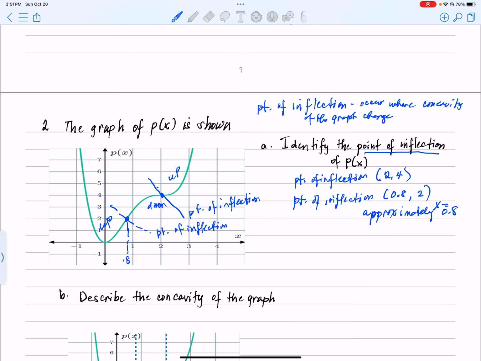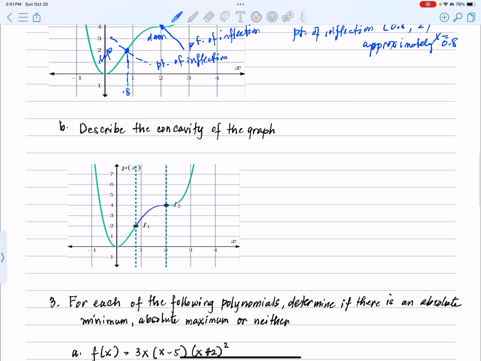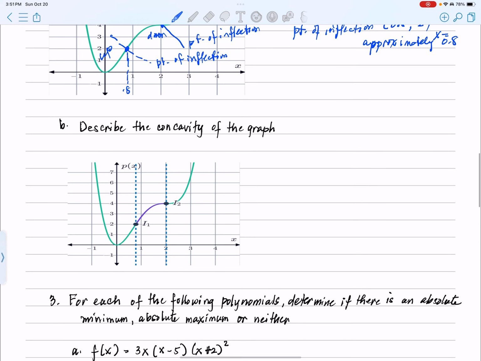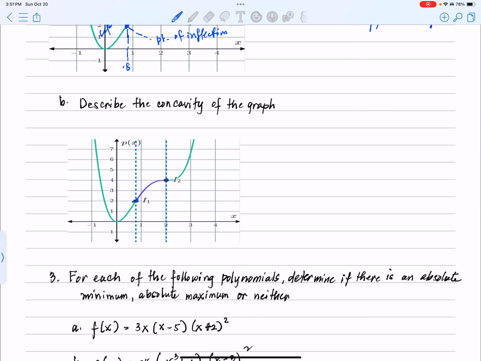So describe the concavity of the graph. Let's say, for example, somewhere here we have the point of inflection. So inflection 1, inflection 2. Let's describe the concavity. The concavity, remember, changes at a point of inflection. So we can use the points of inflection to divide the graph into sections.